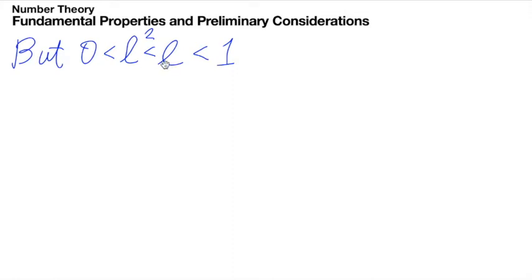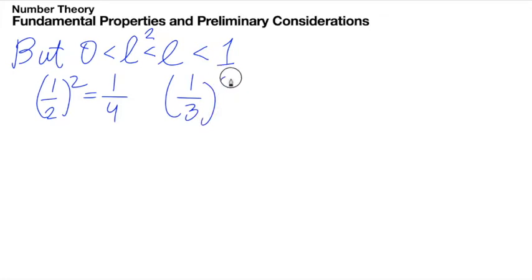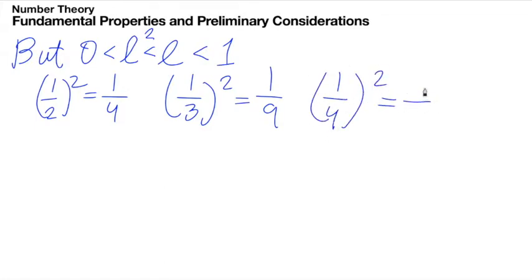For example, the square of 1/2 is 1/4. The square of 1/3 is 1/9. The square of 1/4 is 1/16. So squaring such numbers will always give us a smaller number.